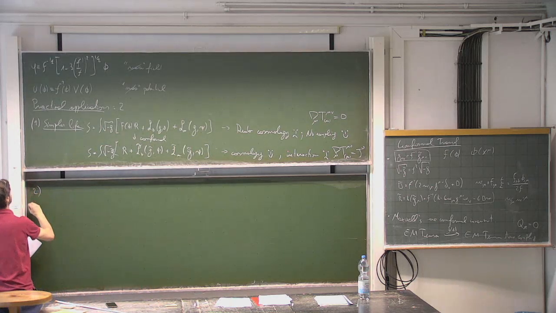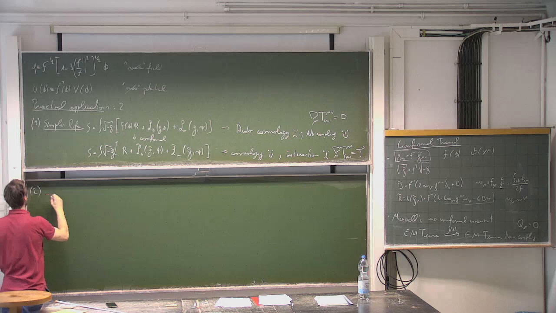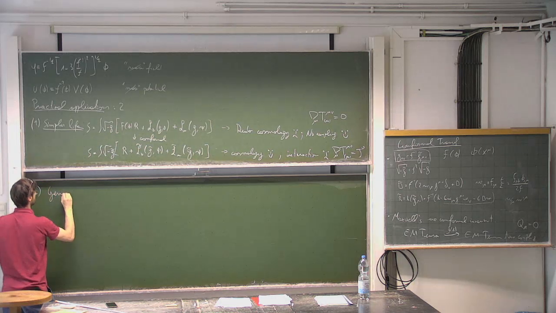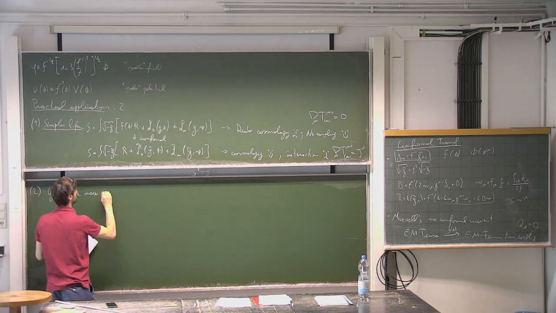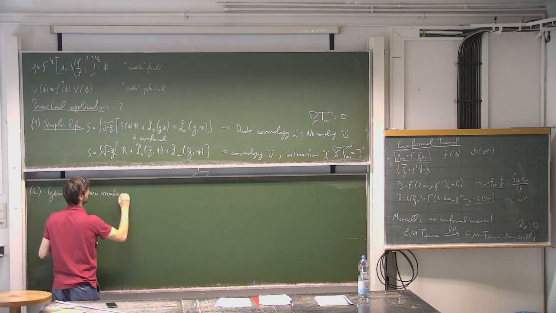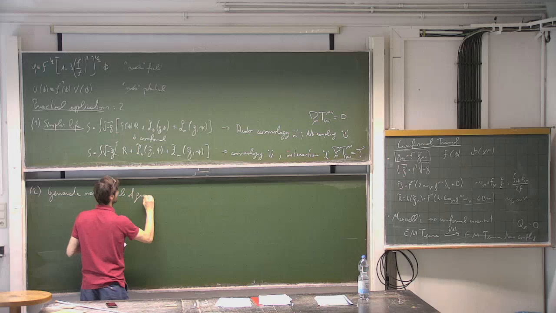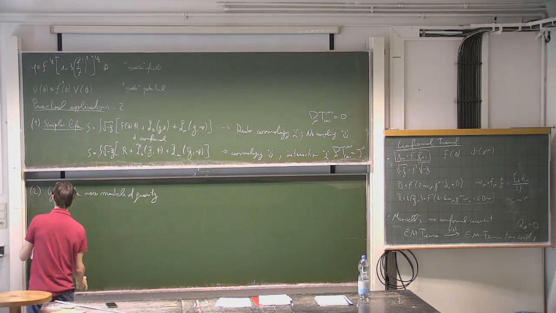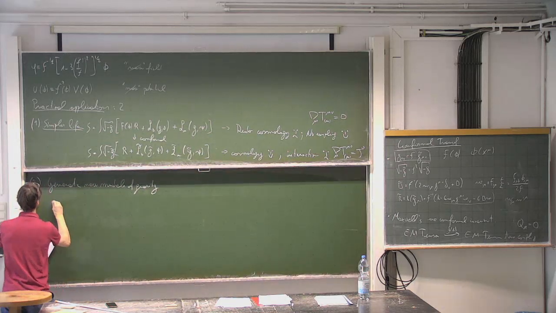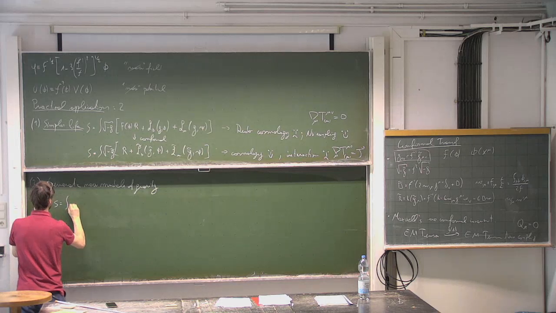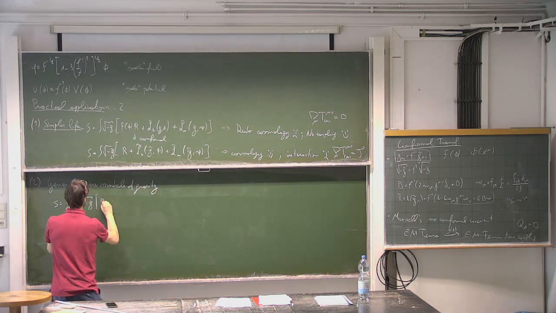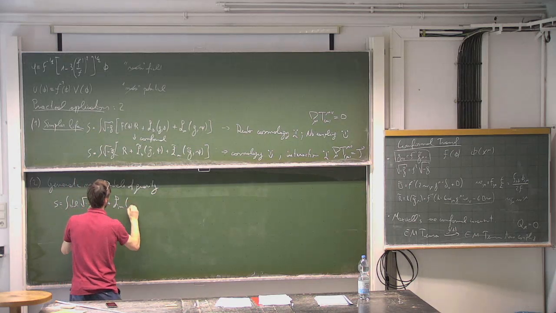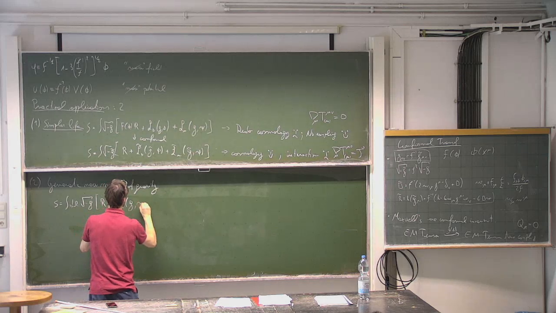So the other thing is to generate new models of gravity. Because if I write this action, S equal to the integral over the 4-dimensional interval of minus square root of g of R plus L_m(g, psi).